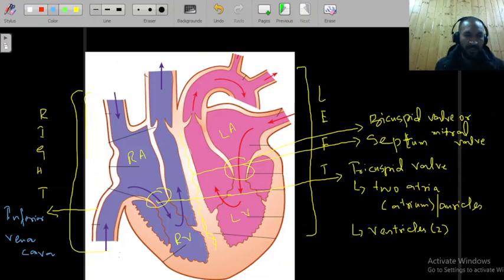Through this, the right atrium receives blood from the superior part of your body. So we refer to this vein as the superior vena cava. These are the venae cavae, which bring blood that is deoxygenated, which contains very little oxygen.